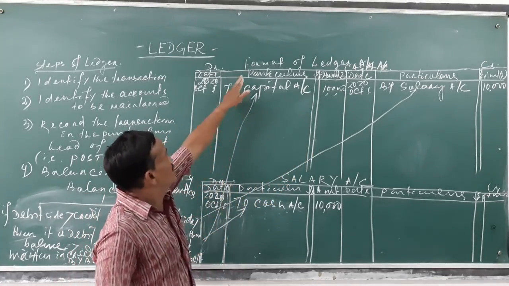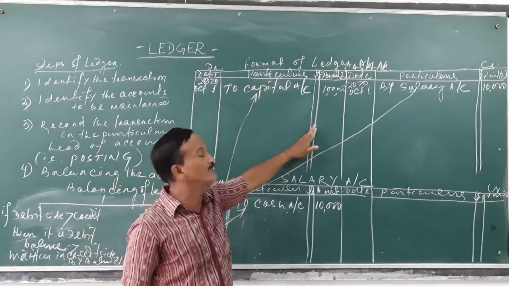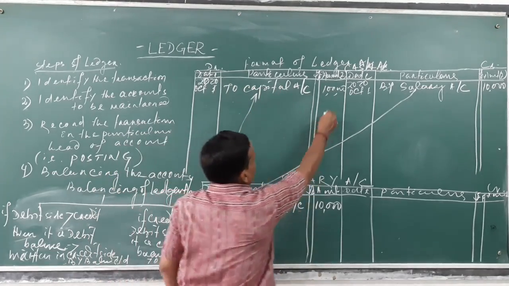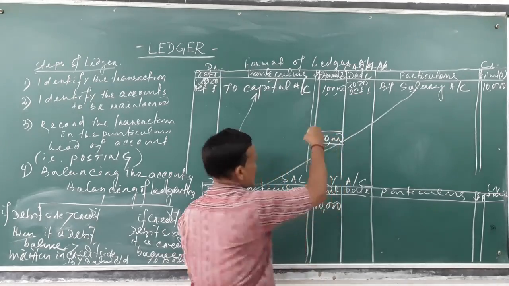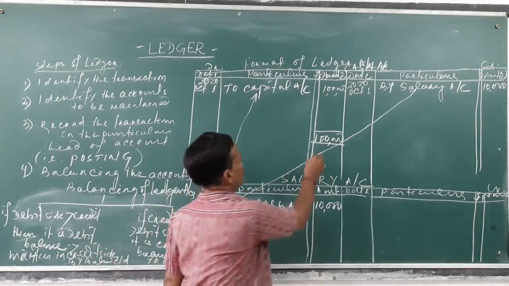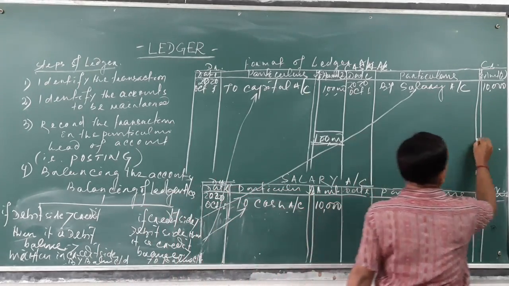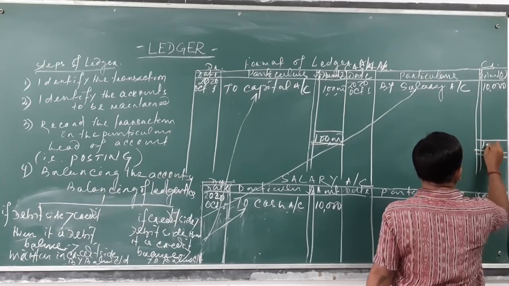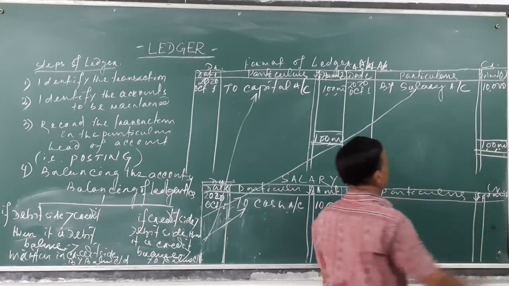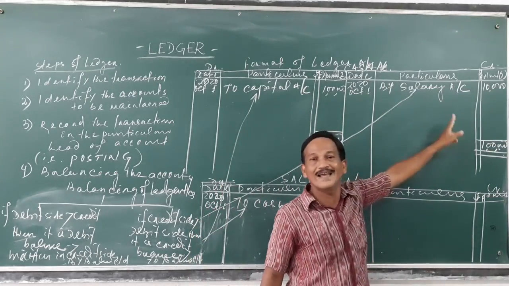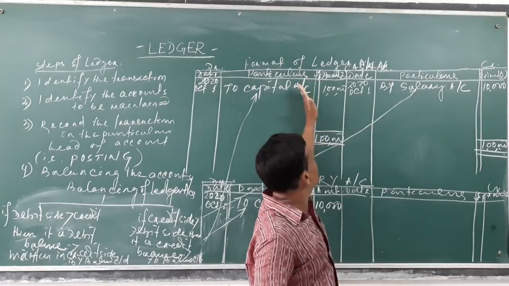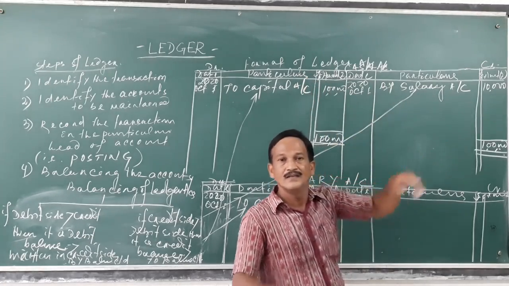Now we see this is the cash account. We will balance it. The cash account debit total is coming to 1 lakh rupees. First make the debit total, then the credit total should also be 1 lakh rupees. The debit side is 1 lakh, but the credit side is only 10,000 rupees. That means the excess of debit over credit is 90,000.